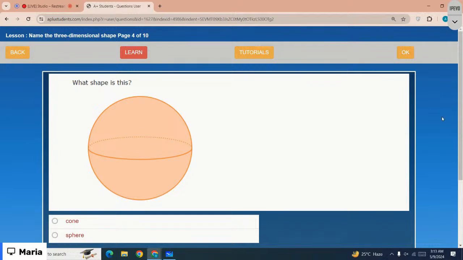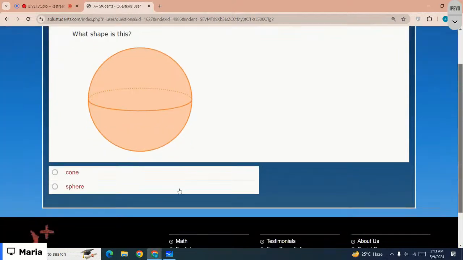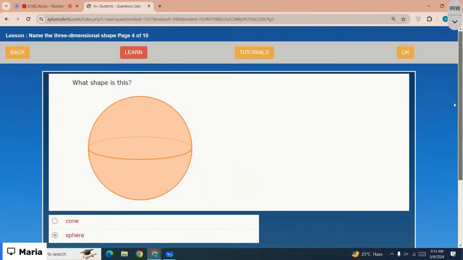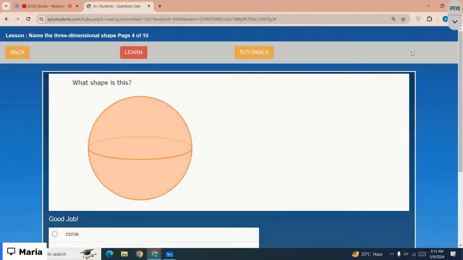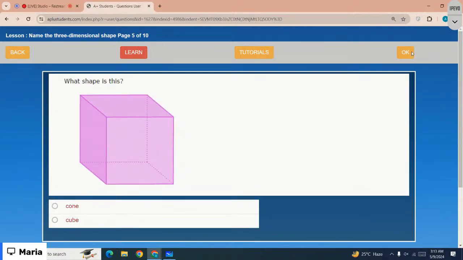That is a three-dimensional shape. That is exactly like the ball you used to play with. That is a sphere. What is this? Which is the correct option? Very good. That's a cube.